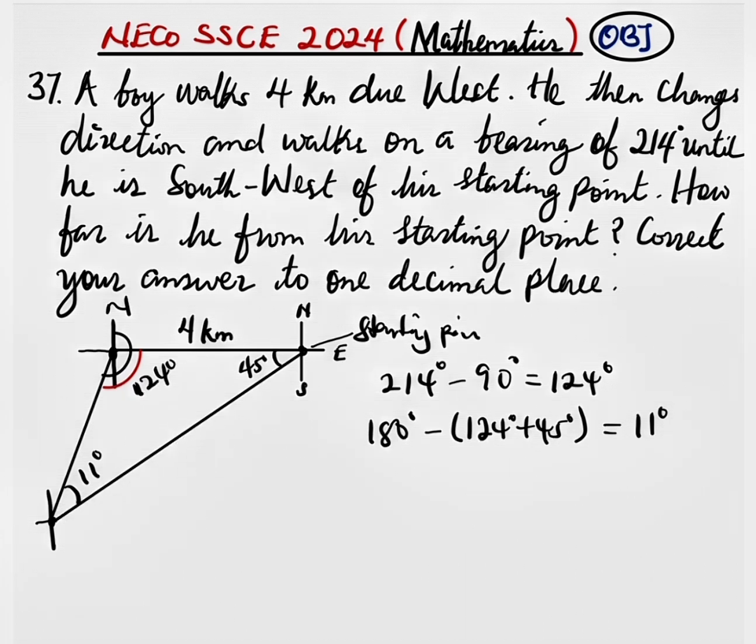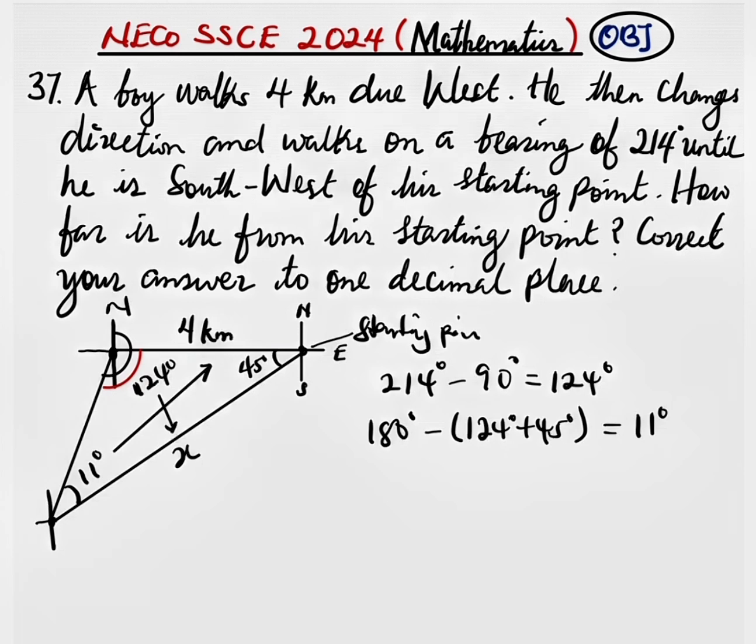Let's call it x. So employing sine rule, we know that this angle, 124, is opposite this length, x, the required length. And also, 11 degrees is opposite 4 kilometers.